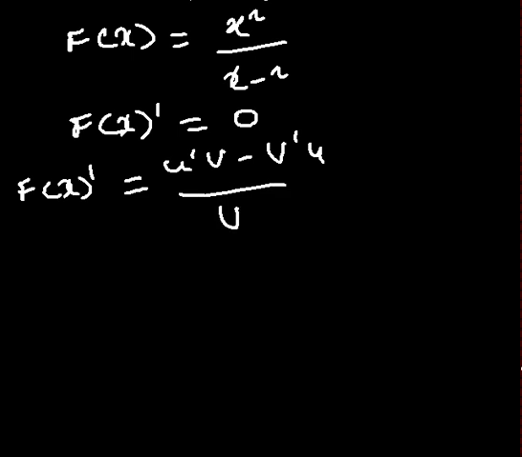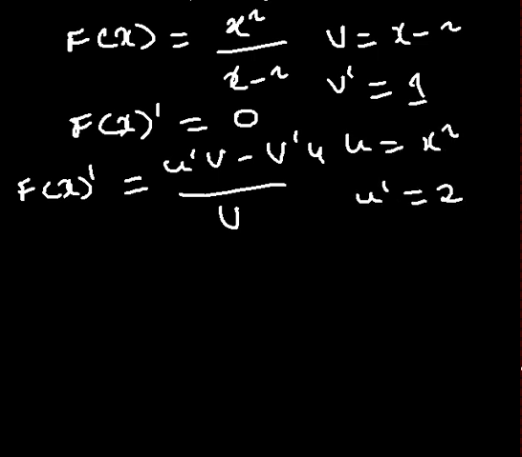In this case, v is the denominator, so v is x minus 2, and v prime is 1. And u is x squared, and u prime is 2x.